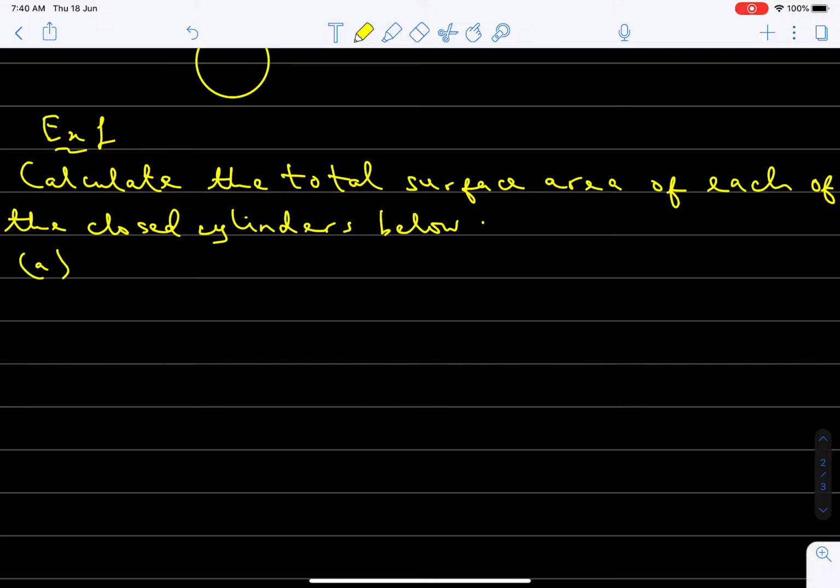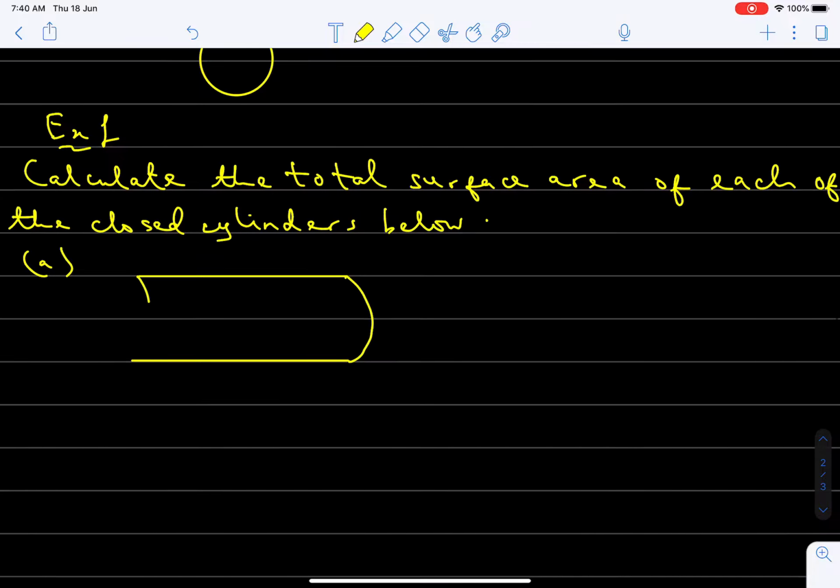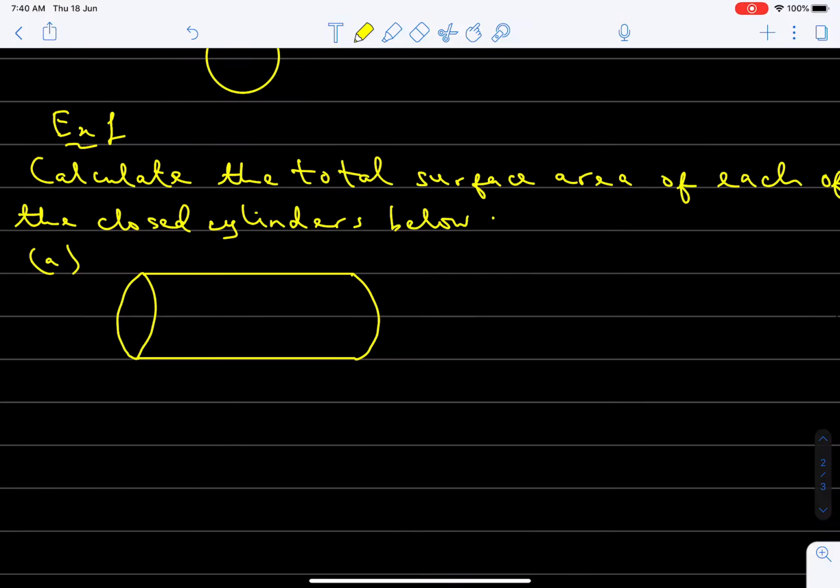We take the first one. It's a small one like that, and here the radius is 7 centimeters.